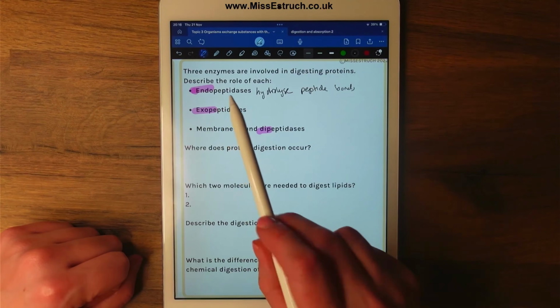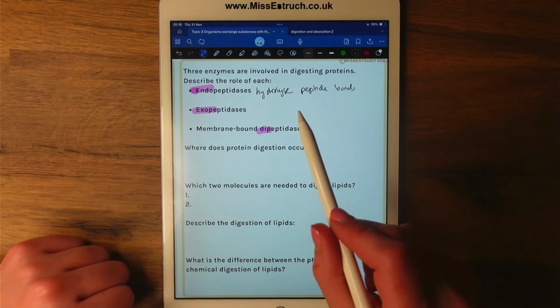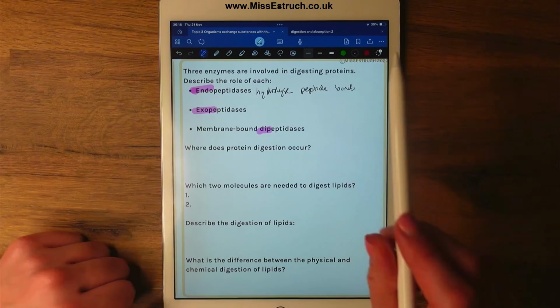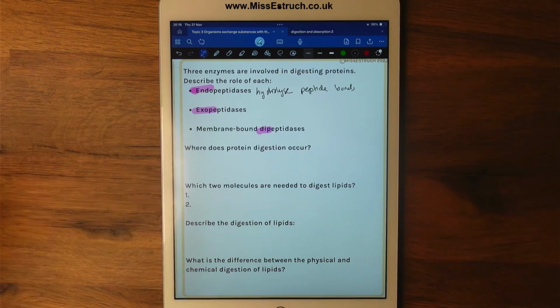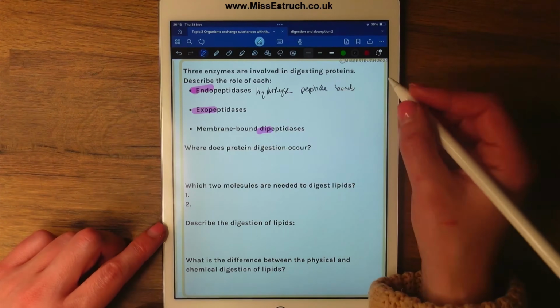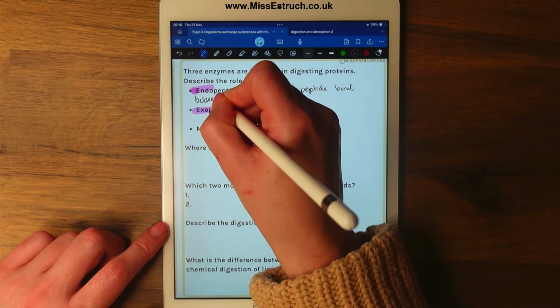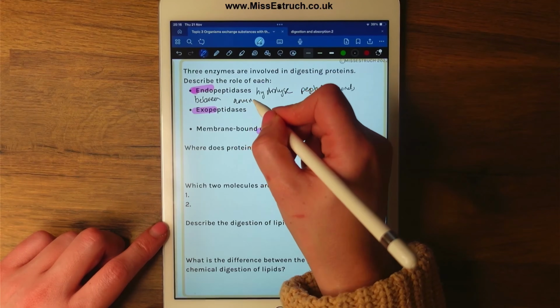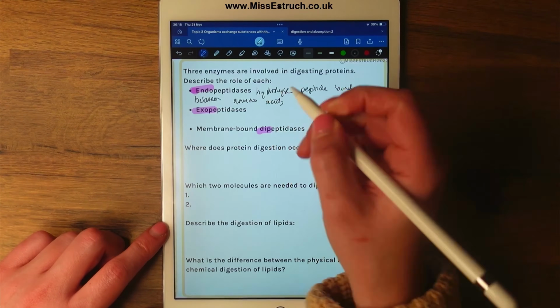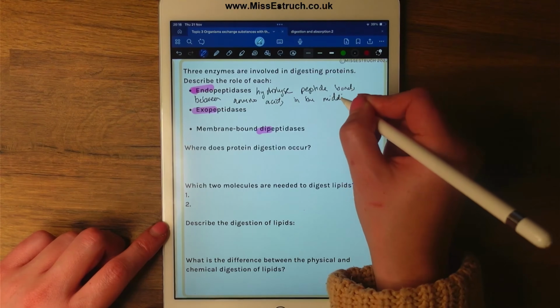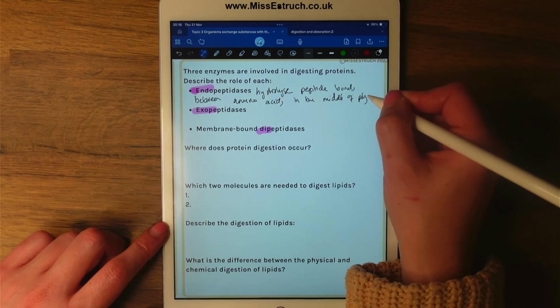So endo means inside. So if it's an endopeptidase, that means it's an enzyme that hydrolyzes peptide bonds from within the middle of the polymer chain. So I'm going to say hydrolyzes peptide bonds between amino acids in the middle of polymer chain.